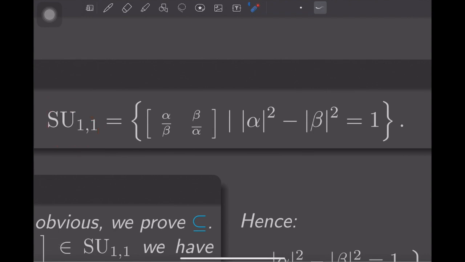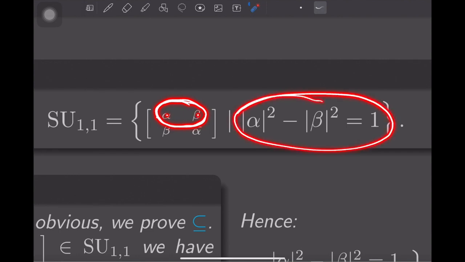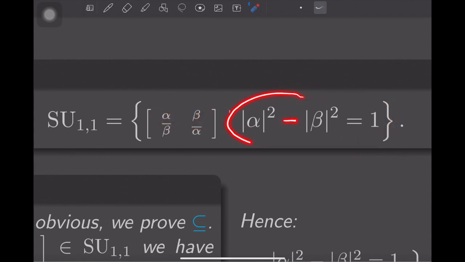It is determined by picking any two complex numbers, alpha and beta, with this property. You see, instead of having a plus, one has a minus, so it already starts looking like something hyperbolic.